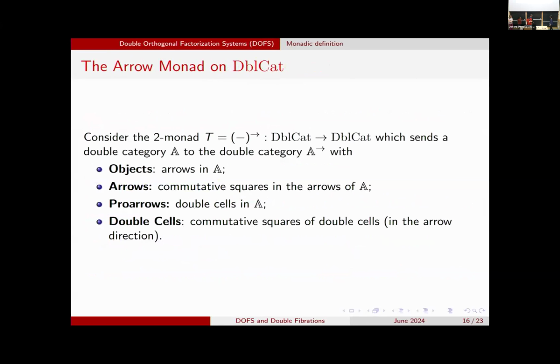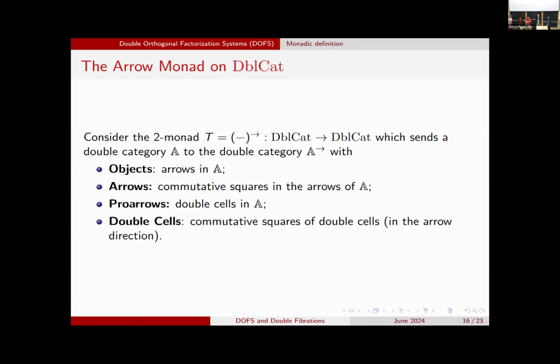We also looked at another approach to define a double orthogonal factorization system in a double category. We first consider the 2-monad that goes from the 2-category of double categories to itself, which is the arrow power.